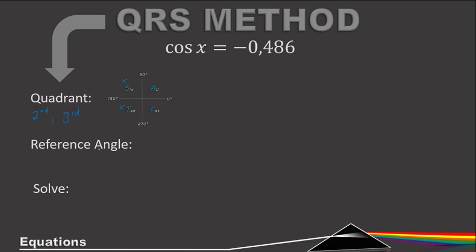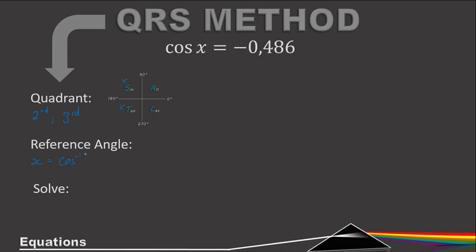Next up, we need to work out the reference angle. The reference angle is simply the value of x, and we use our calculators to do that. We say what is x? x is equal to the inverse of cos of 0,486, and we're not going to include the sign because we've accounted for the sign in the first step.